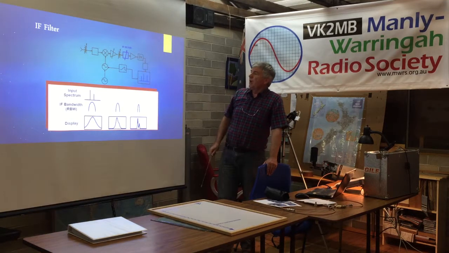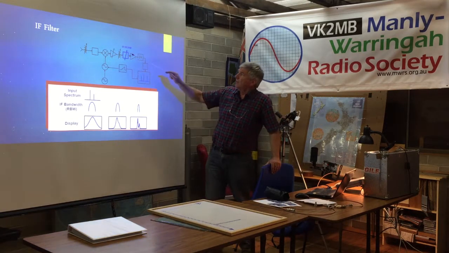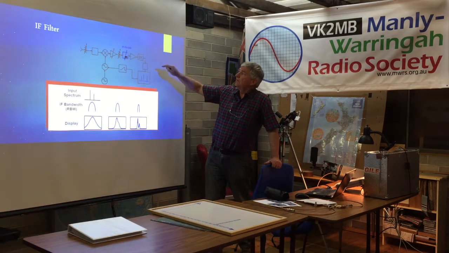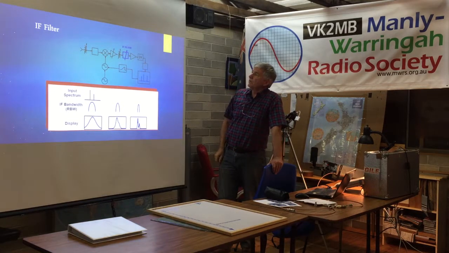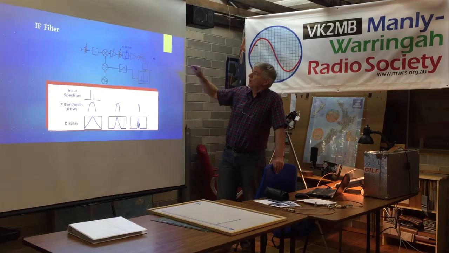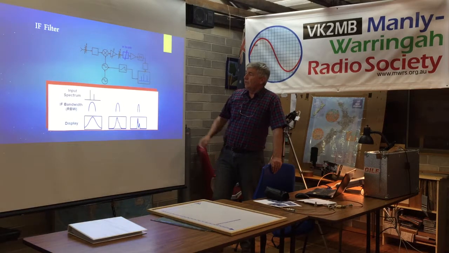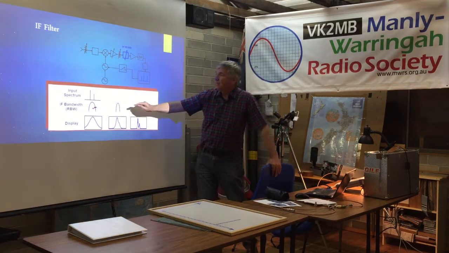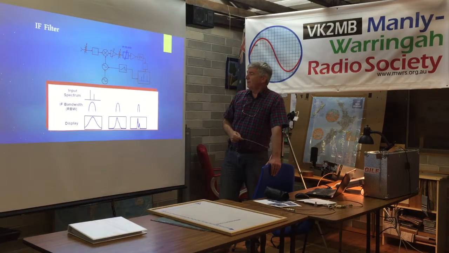But just briefly for the moment, what we have here is, in fact, a variable filter. We can see it's indicated by the arrow through it. So it's not just a single filter, there are a number of different variable filters, depending on what you're trying to look at on the output. And so we have the bandwidth, RBW, which we'll get onto in a second.